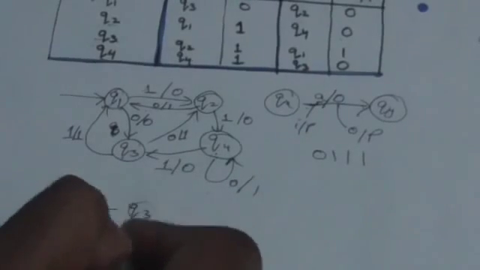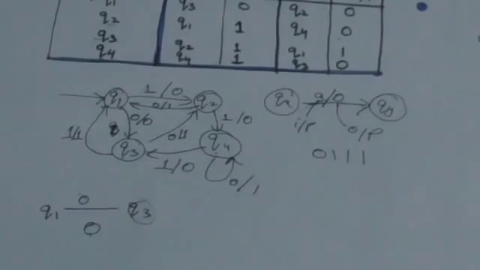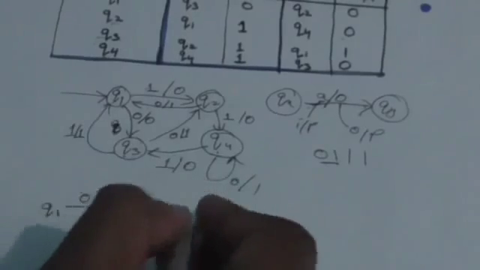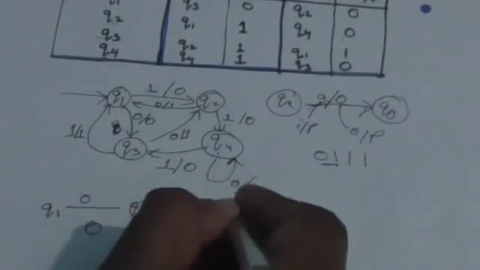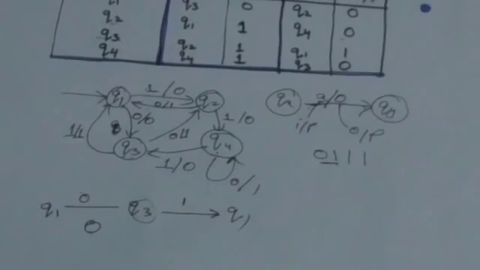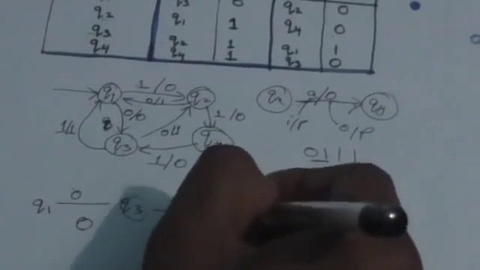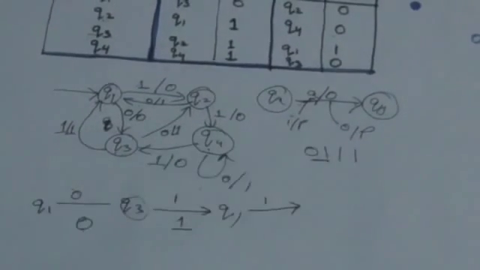Now it has come on state Q3. Now it has to read input symbol 1. From Q3, when it reads 1, it again jumps back to Q1 and output will be 1. Now again it has to read 1.